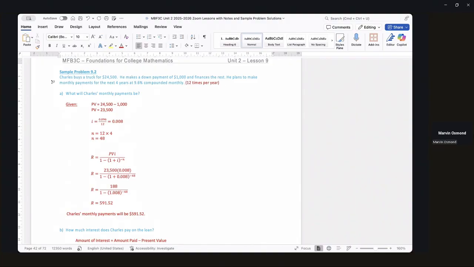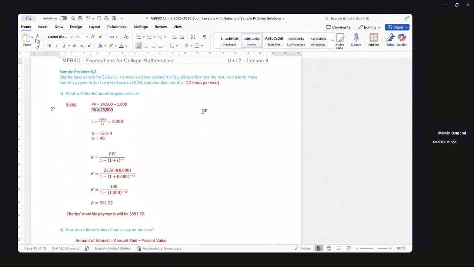So now we have to figure out the present value. He's borrowing 24,500, but he's putting $1,000 down. So that's where this is coming from. The present value is going to be 24,500 minus the $1,000 down payment. Subtract those two and you get the present value of 23,500.